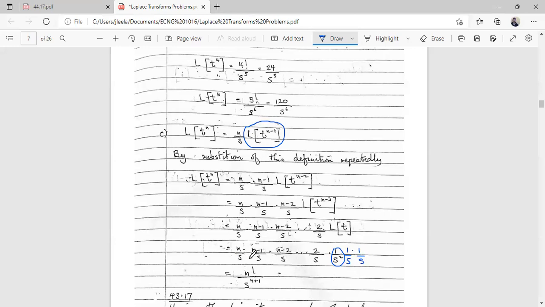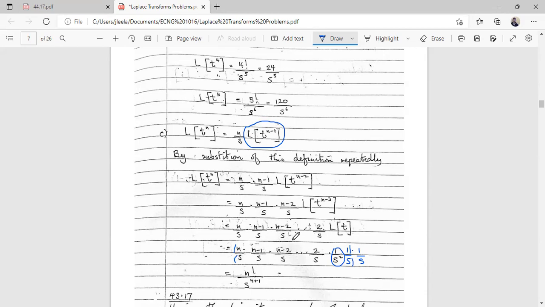So you notice s in the denominator all the way down to this s here. Right? N all the way down to 1 here, the first one, right? So that is n minus 1, n minus 2 all the way down to 2 by 1.